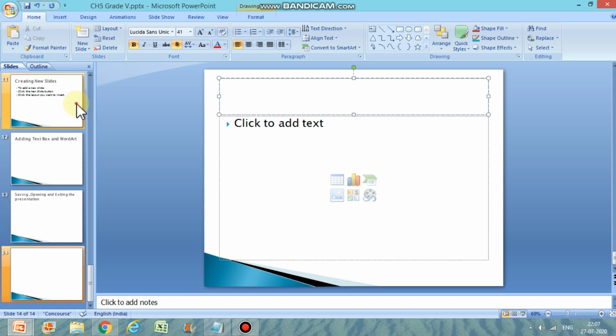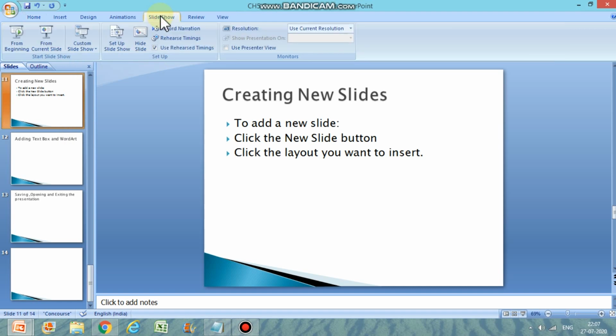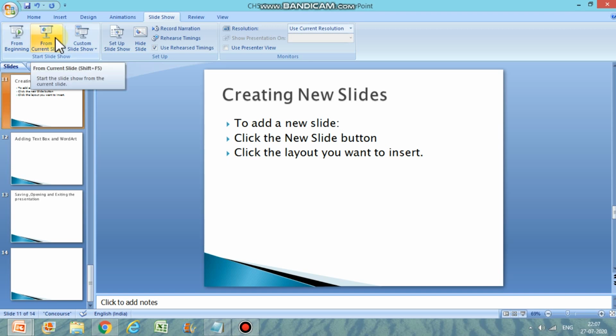Okay, now moving on to next, creating new slides. Creating new slides means if you want to create a new page. If you want to create a new slide, there is a new slide button, and then you can click the layout you want to insert. I am going to show you how.